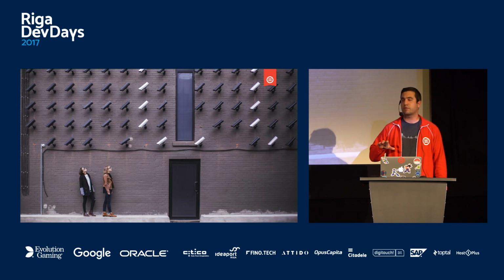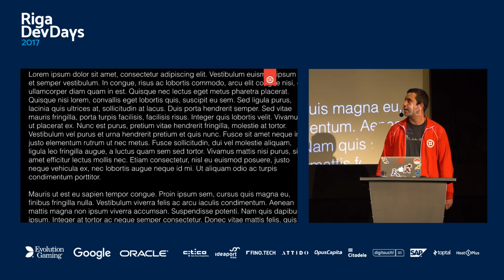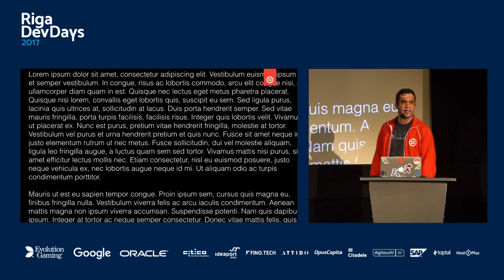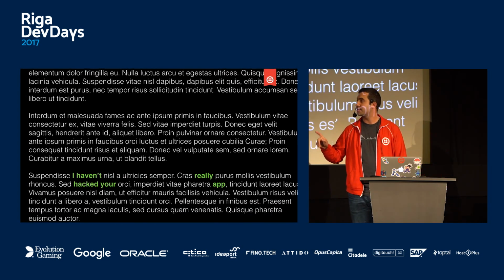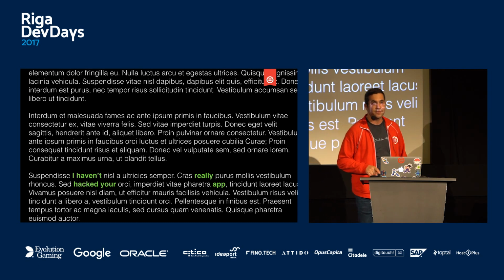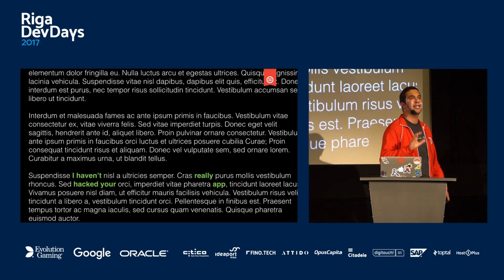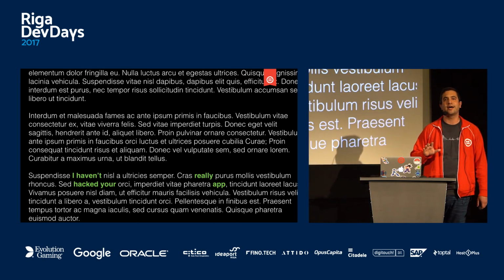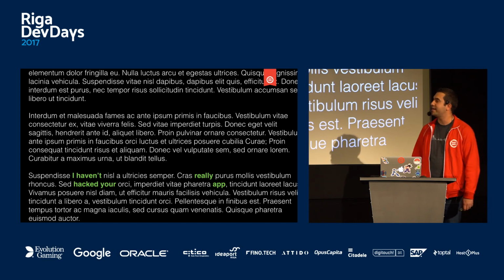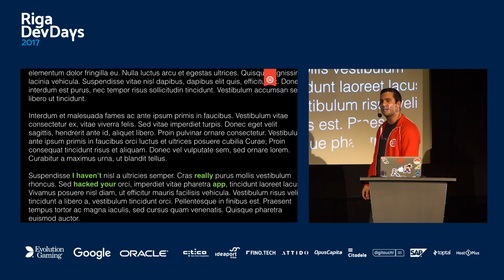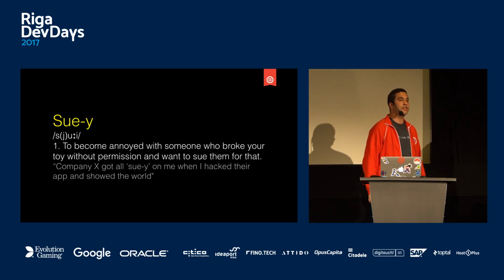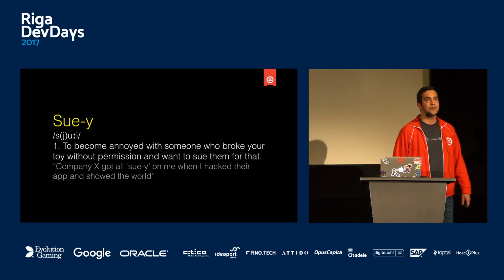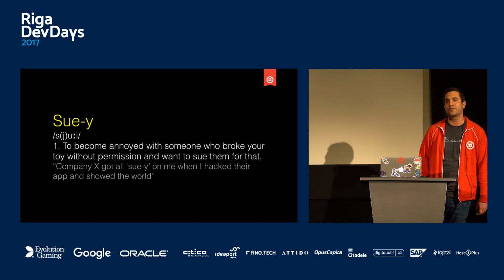I want to run through a quick disclaimer with you. It's really quick. You can read that. It's not long at all. But the important thing here is I haven't really hacked your app. I know the title of this talk is I've just hacked your app, and I have to say I haven't really hacked your app. The reason is that this is a term I totally came up with. Companies tend to get sue-happy when you hack their apps and you go on stage and show that you hacked their apps.